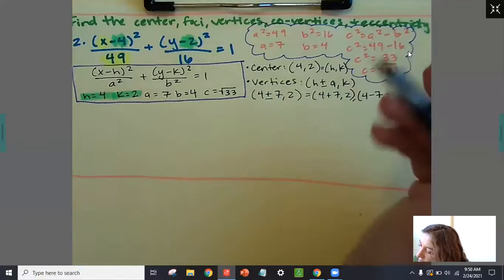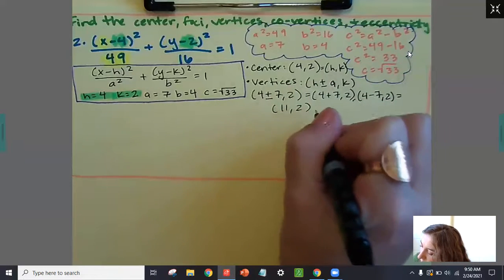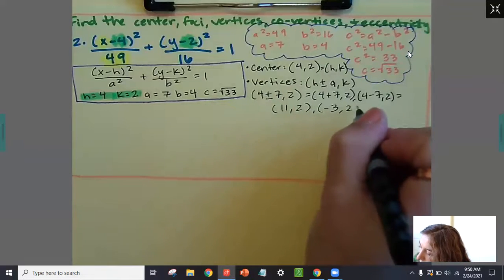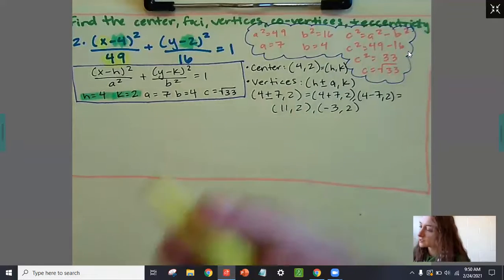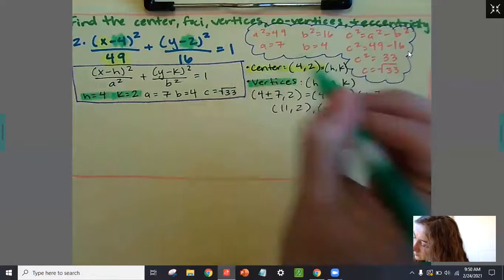So this is going to give us our vertices of 4 plus 7, which is 11, 2, and then 4 minus 7, which is negative 3, 2. Okay, and let's just do some highlighting because things do get a little bit confusing whenever you're looking at all these different features.